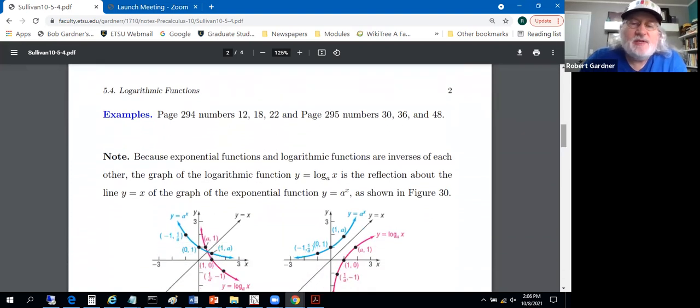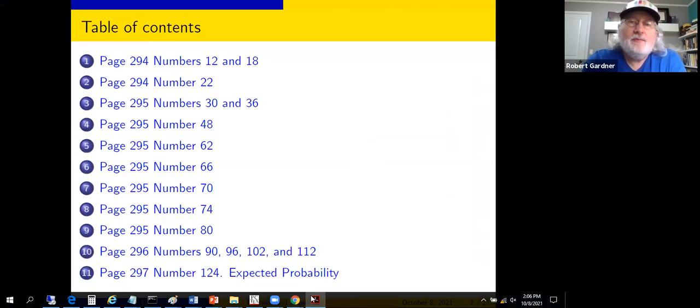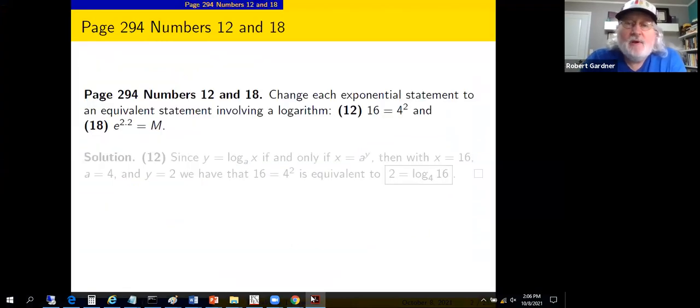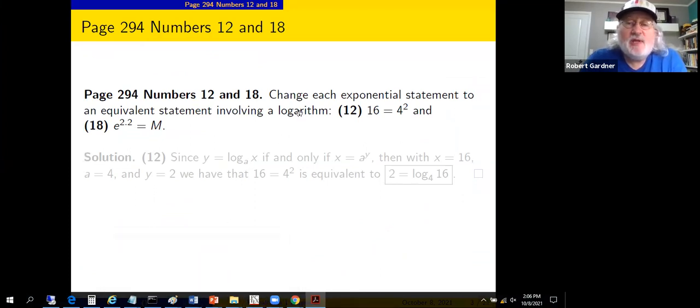So let's look at some examples where we do these translation type things. Numbers 12 and 18 give us exponential statements and ask us to write them as equivalent statements involving logarithms. 16 equals 4 squared, which is certainly true.